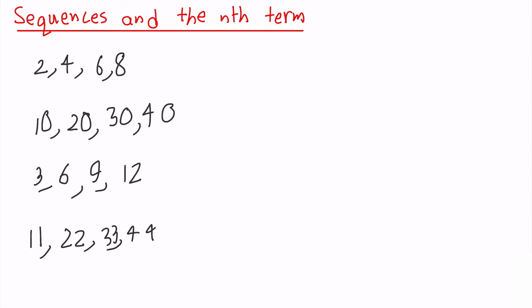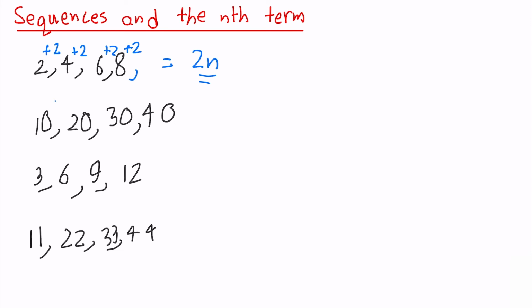Okay, for the first one you could realize that we need to add 2. So it tells you find the nth term. So the nth term will be 2n. So that's the answer.